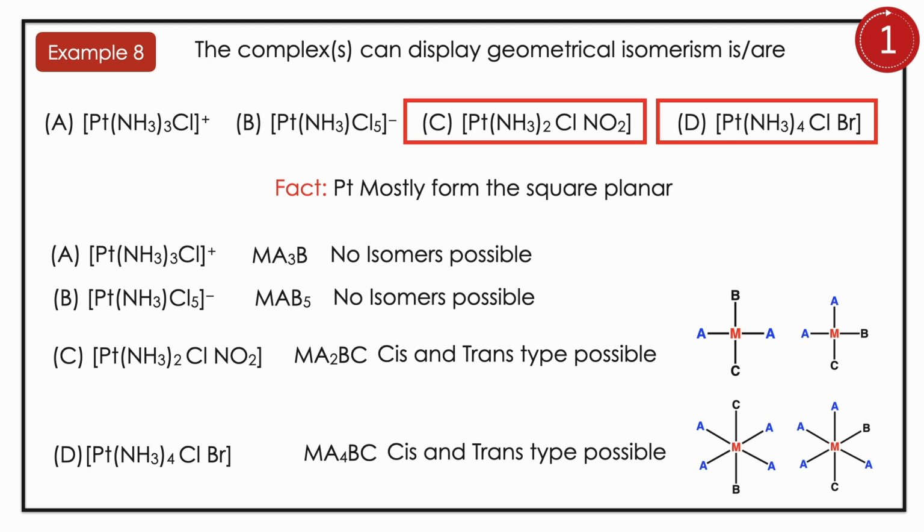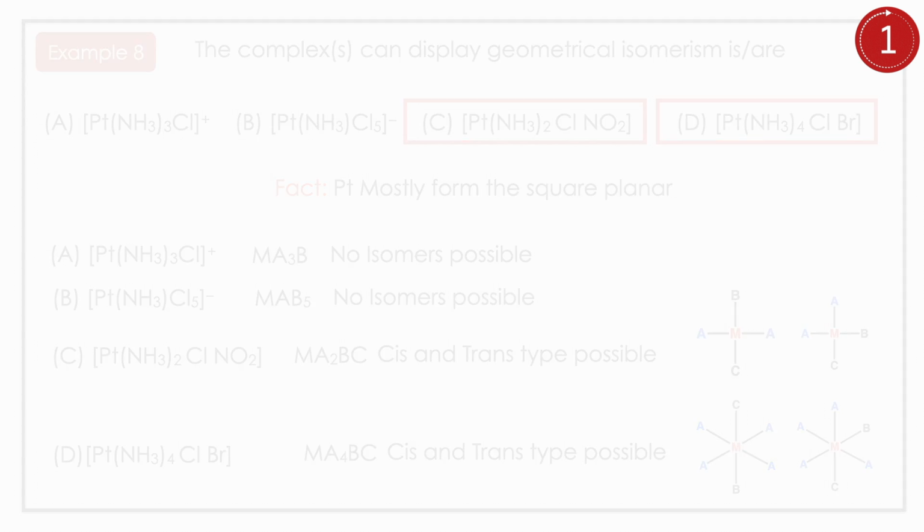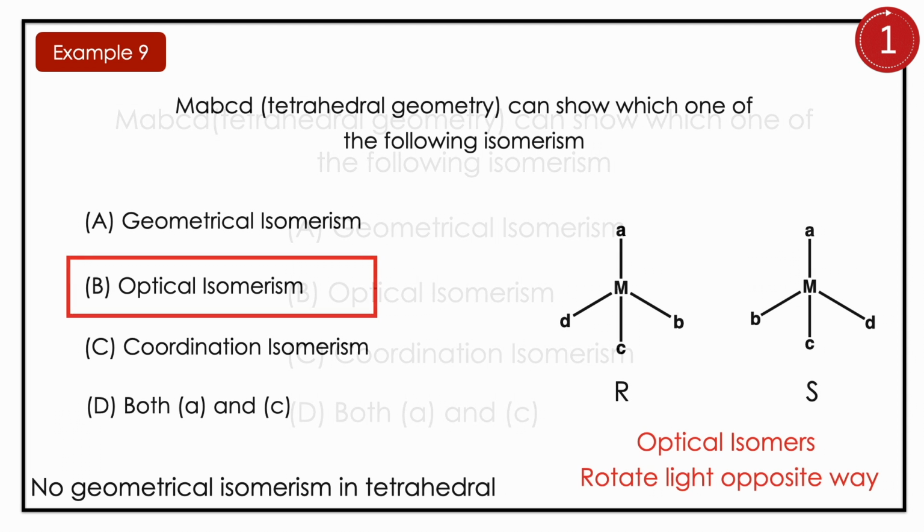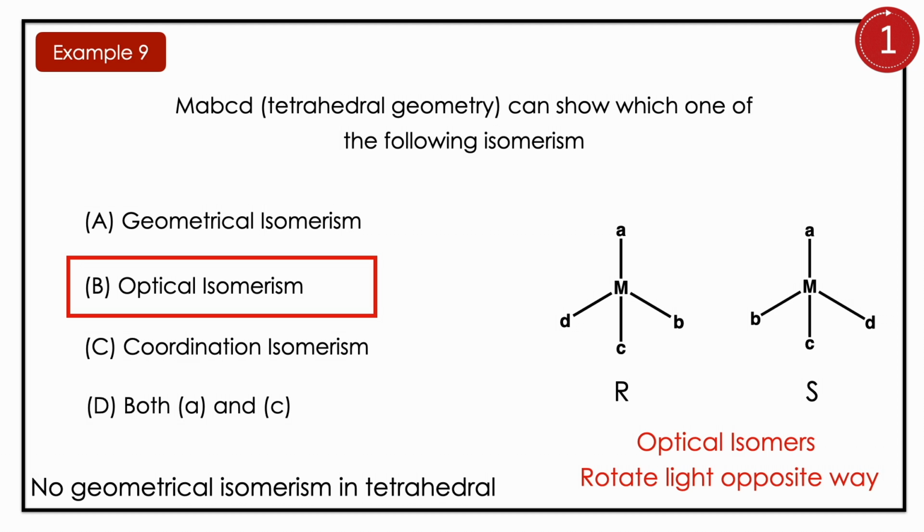The concept you have to learn here is to always draw the structure, find the possibilities and predict the isomers. Then: MABCD tetrahedral geometry can have which one of the following isomerisms? A, geometrical isomerism; B, optical isomerism; C, coordination isomerism; D, both A and C. The answer is optical isomerism because the tetrahedral structure is symmetrical.